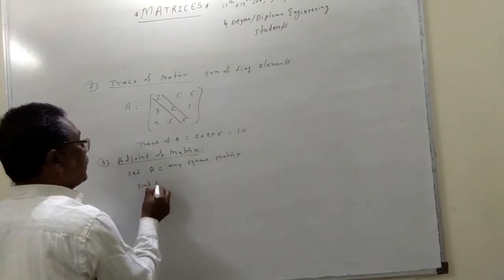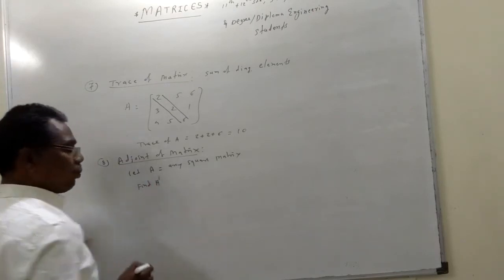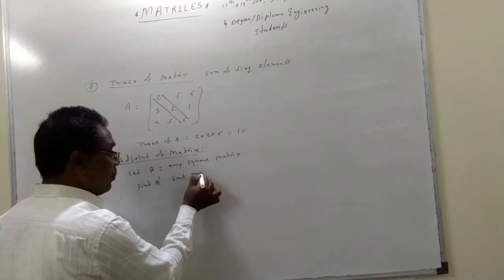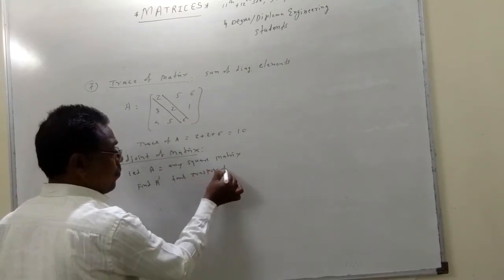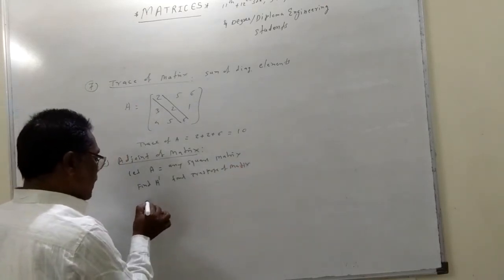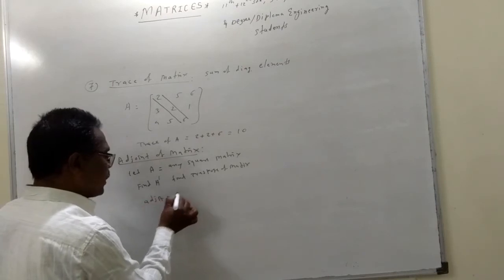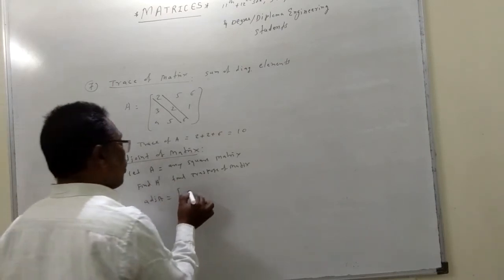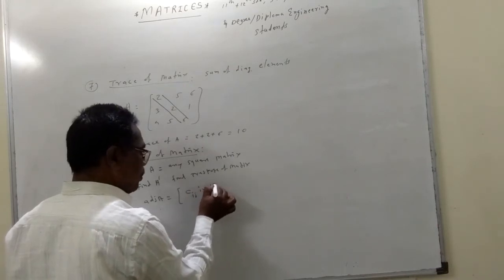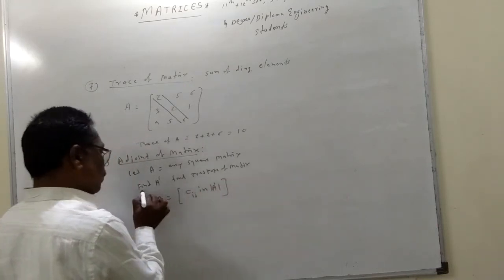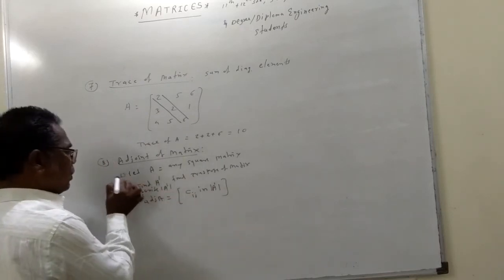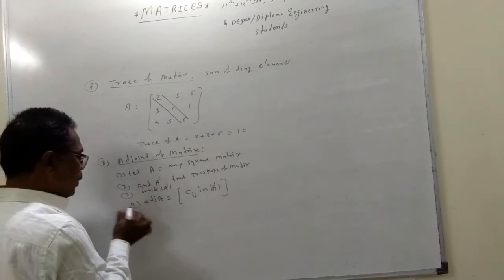Find A transpose, that is, find the transpose of the matrix. Now adjoint A is equal to the matrix of Cij in A transpose, and write determinant A transpose. So this is the first step, second step, third step, fourth step.